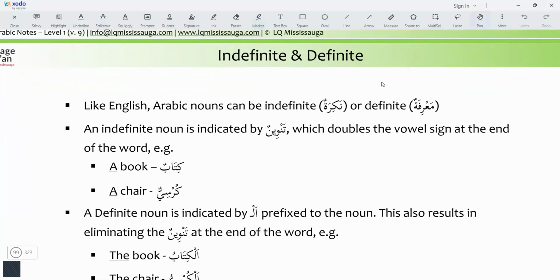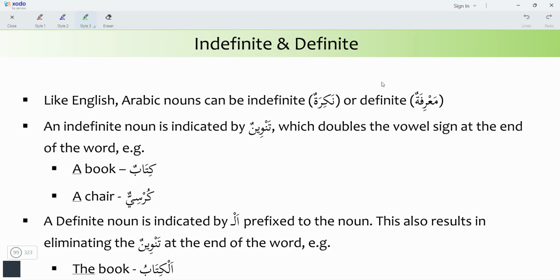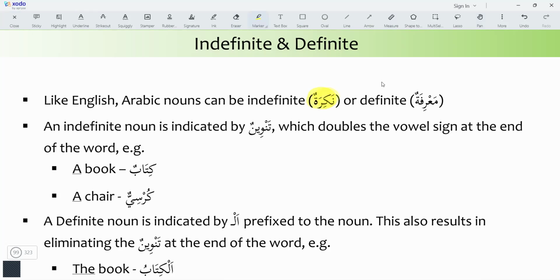In the first lesson, we have learned indefinite and definite nouns. Like English, Arabic nouns can be indefinite, nakira, or they can be definite, marifa.